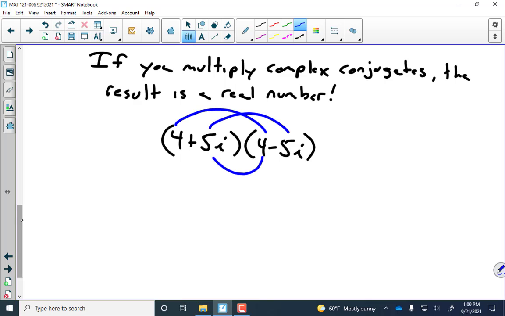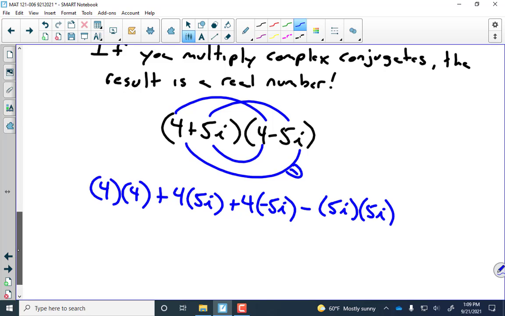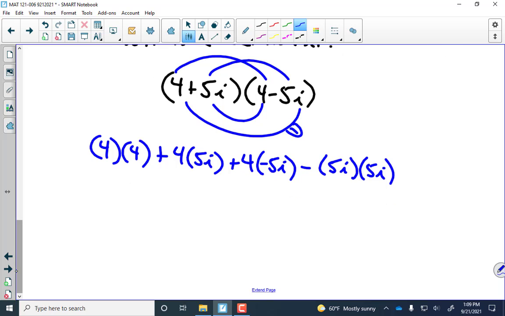So if I FOIL or smiley face this thing, then I'll get 4 times 4 plus 4 times 5i plus 4 times negative 5i minus 5i times 5i. So I'm not promised anything except this is supposed to be a real number when I'm done.